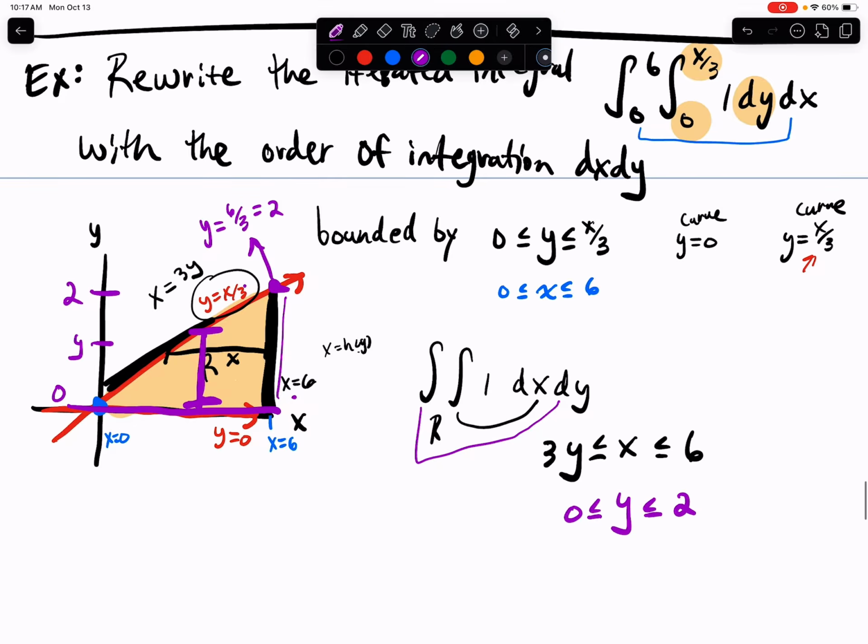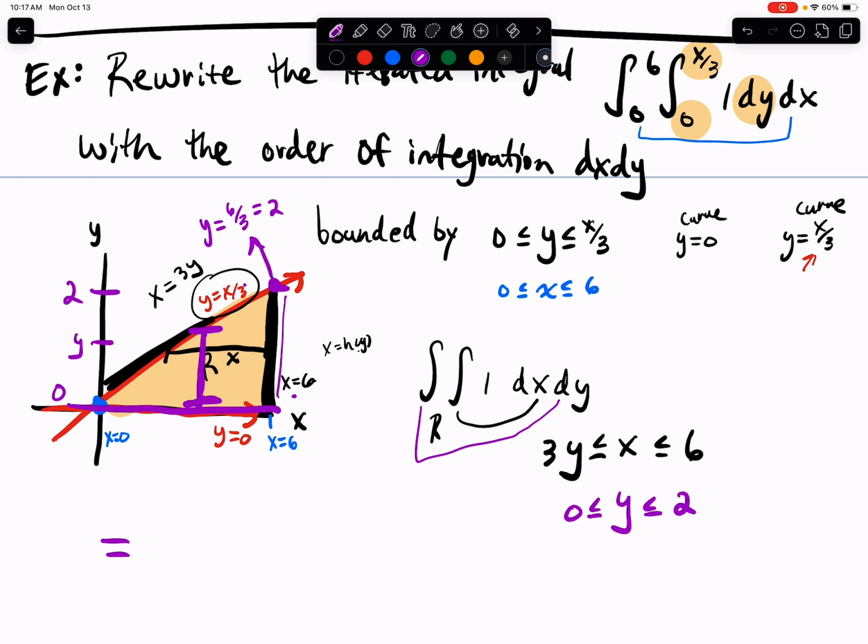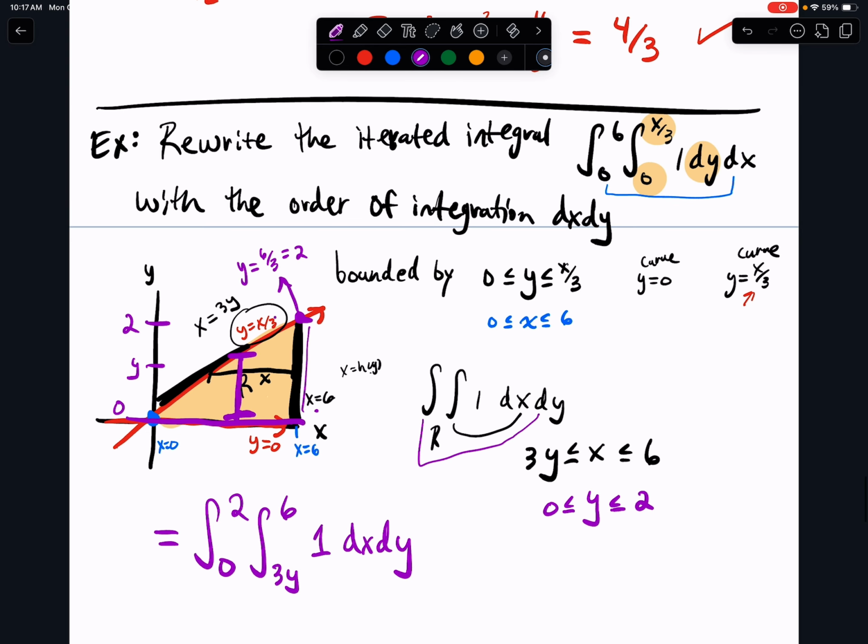So to rewrite this, it would be from 0 to 2, and then from 3y to 6 of 1 dx dy. So that's how we rewrite it. This integral can be rewritten as this, and those two things are equivalent to each other.